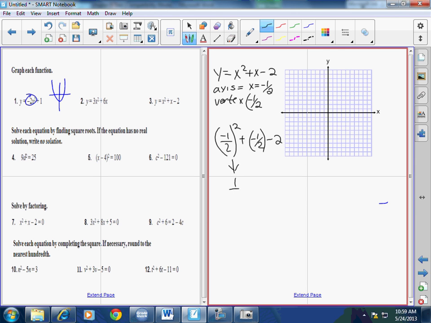Negative 1/2 squared is 1/4 minus 1/2 minus 2. This 2 becomes a 4 because I multiply 2 to the top and the bottom. I'm finding a common denominator. This goes to 4. That goes to 8. 1 minus 2 is negative 1 minus 8 is negative 9/4, which equals negative 2 1/4, and that would be my vertex.